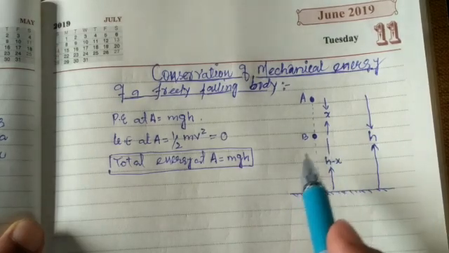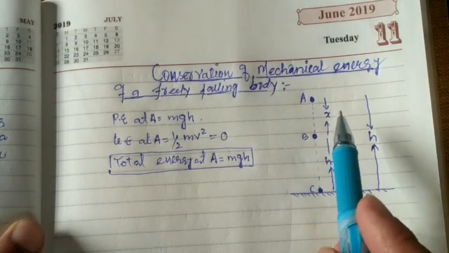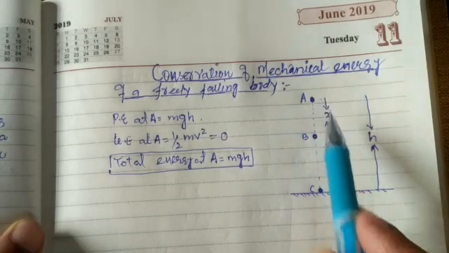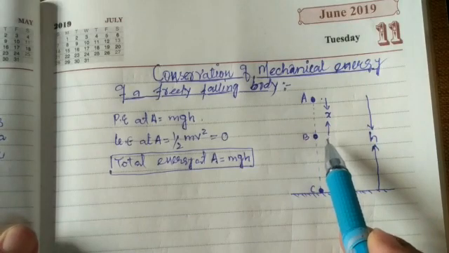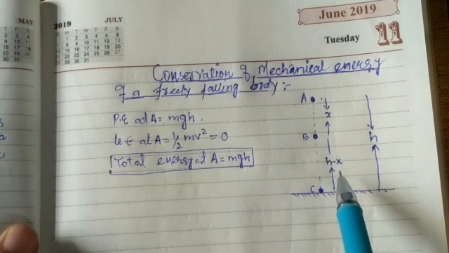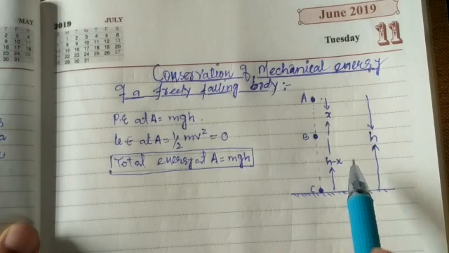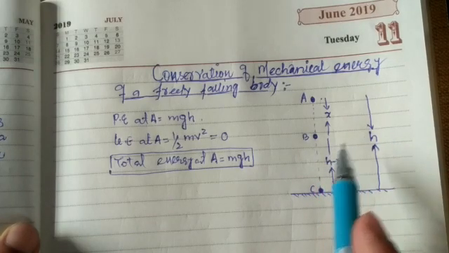Let at some time t, its position be at point B, and it has covered a distance of x from the initial point. From point A to point B, we have a distance of x, and from the ground, point C, up to point B, we have a distance of h minus x.